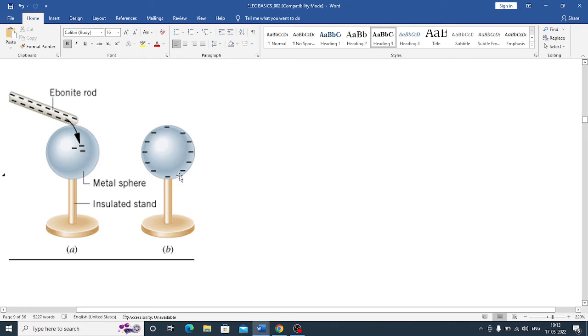Now in the metal sphere there will be excess electrons. So this metal sphere is now negatively charged by conduction. Okay, this is an insulator. Suppose this is a conductor, then these electrons will flow to ground. Again the body will become neutral.